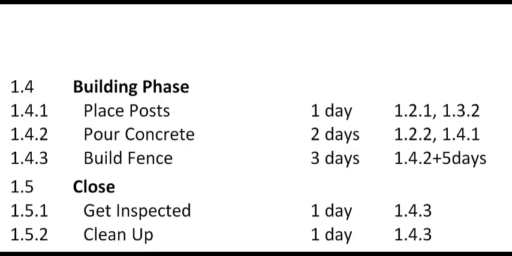If you look at place posts 1.4.1, you can see that over to the right it says 1.2.1 and 1.3.2. That means that those two numbers are predecessors for place posts.